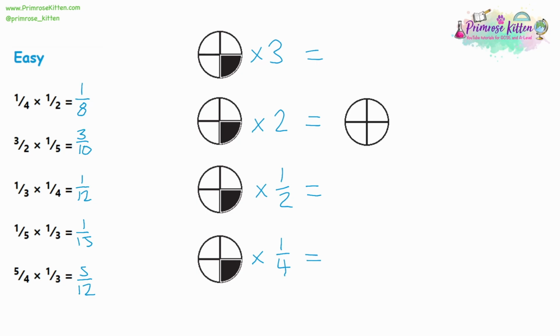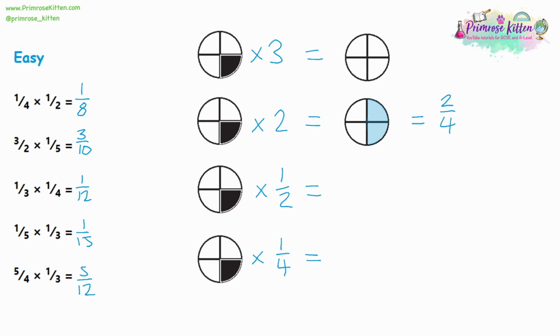So when we multiply 1/4 by 2, we are keeping the quarter we started off with. Because we're timesing by 2, we're getting twice as much, so we get an extra quarter. So 1/4 multiplied by 2 is 2/4. What's happened is the numerator 1 has been multiplied by 2 to give us 2, but the denominator 4 has stayed the same. So when we're multiplying by a whole number, we're only multiplying the numerator.